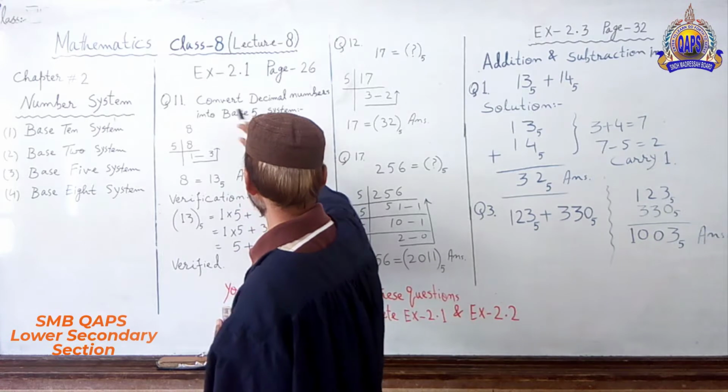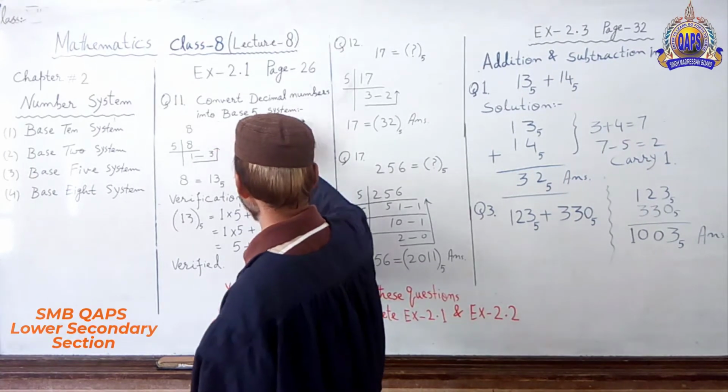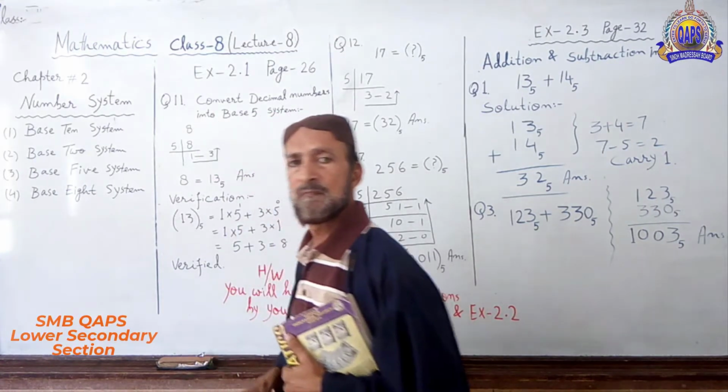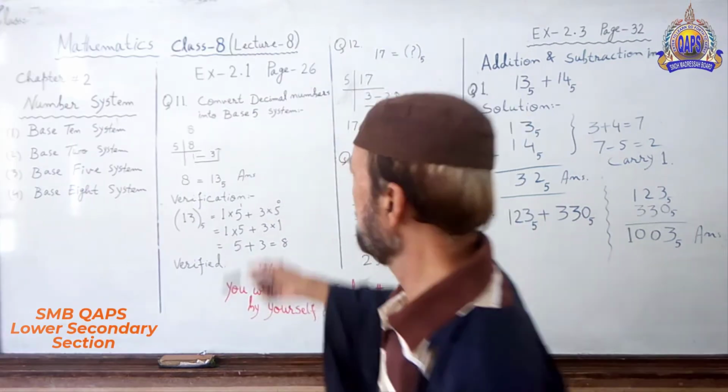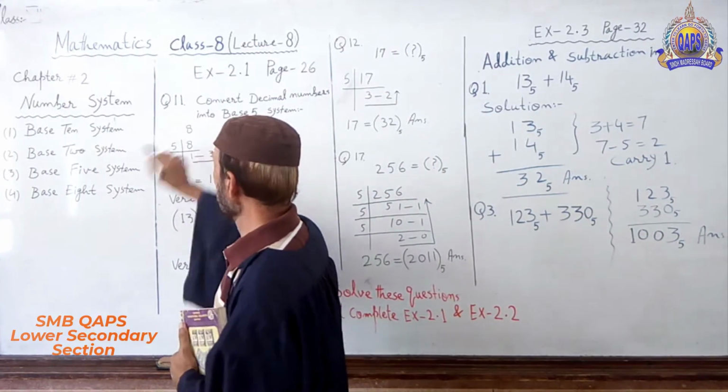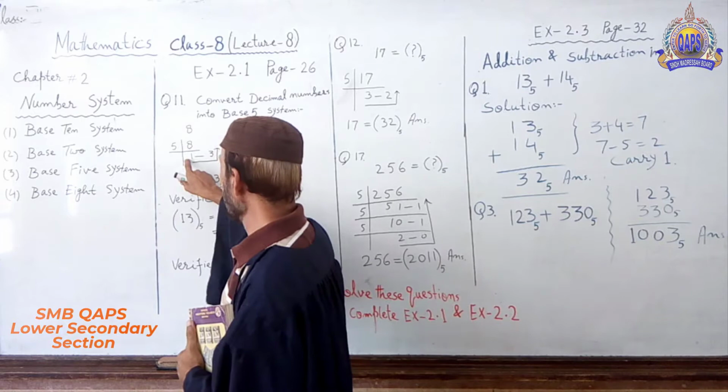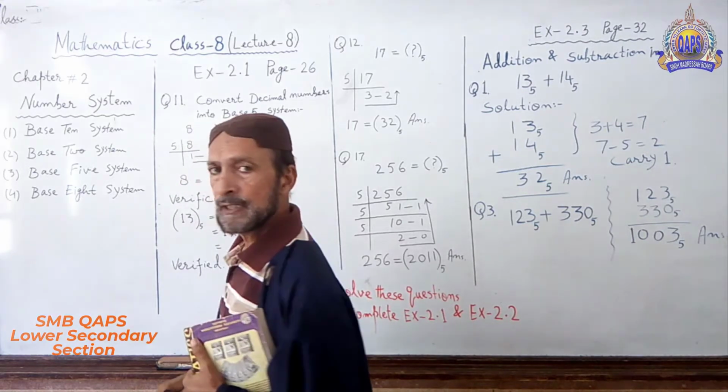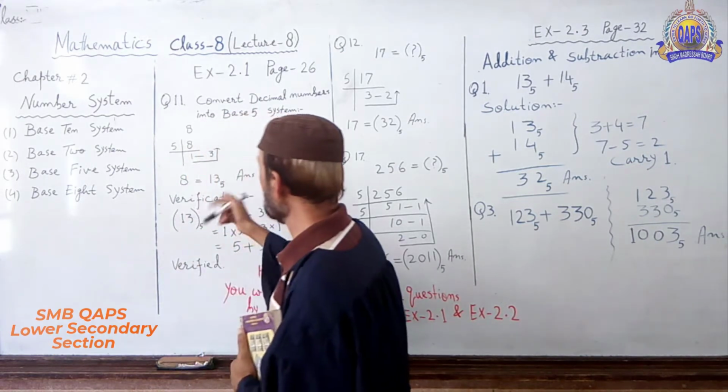Convert decimal number 8 into base 5 system. How will you convert that? 8 divided by 5, 5 on the 5 is 3. Remainder 3 left.